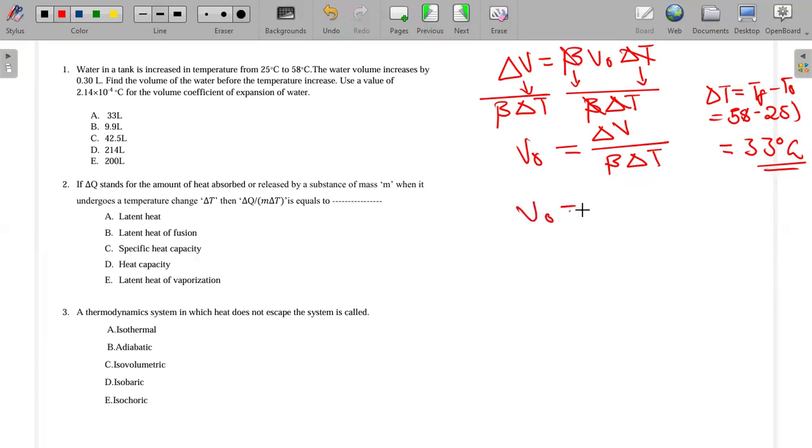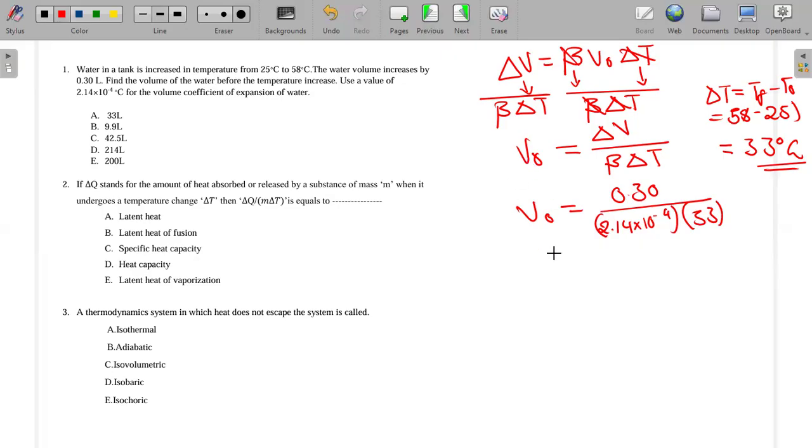Hence, my initial volume will be equal to the change in volume, which we have already been given, 0.30, divided by the coefficient of volume expansion, which is 2.14 times 10 to the power minus 4, in brackets, multiplied by the change in temperature, which has been calculated to be 33.